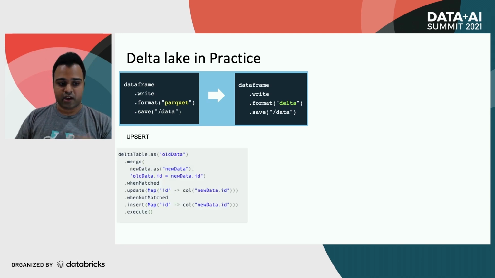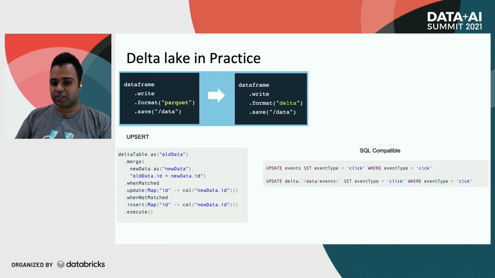The update workflow has an API like this, where you're able to specify the staged data or the update data, for example dot merge of new data as new data, and you can do a join with the old data that already exists on the Delta Lake. It gives good paradigms like, when it's matched, do you want to do an update? When it's not matched, do you want to do an insert or a no-op? So this makes it a very nice layout of the data.